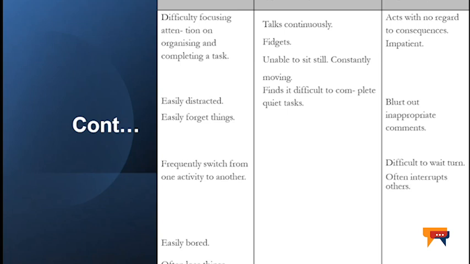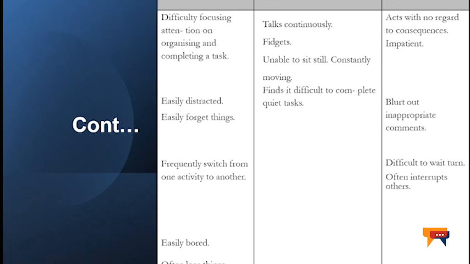They experience much problems in giving attention on organizing and completing a task. Such kinds of learners are easily distracted and they easily forget things. And they frequently switch from one activity to another, and they are always bored when they are in the classroom, and they often lose things.